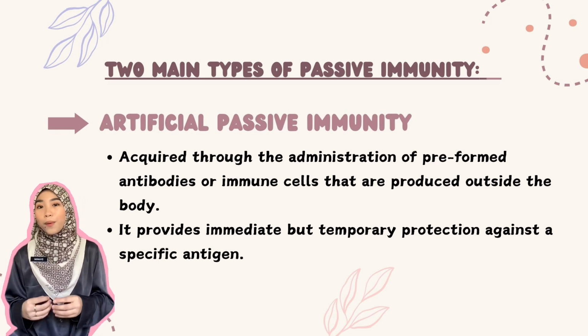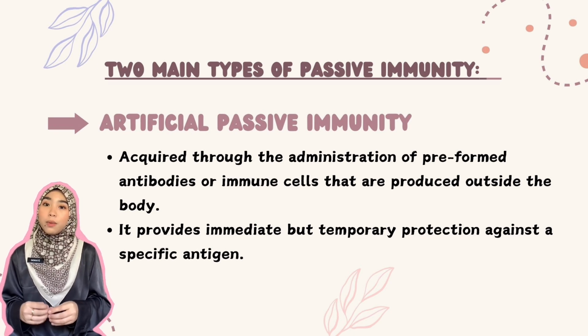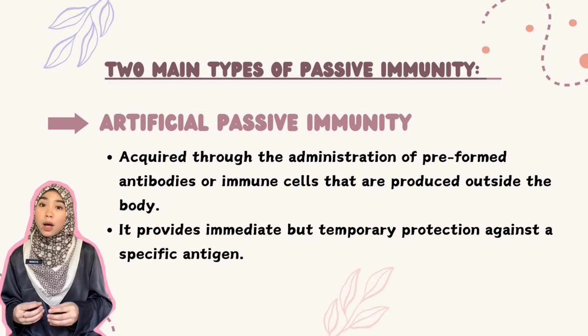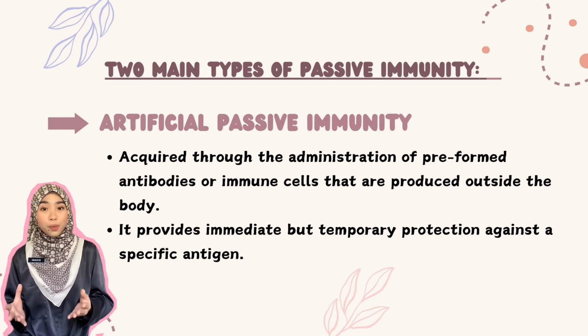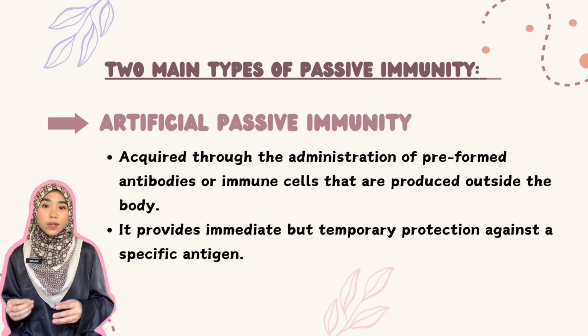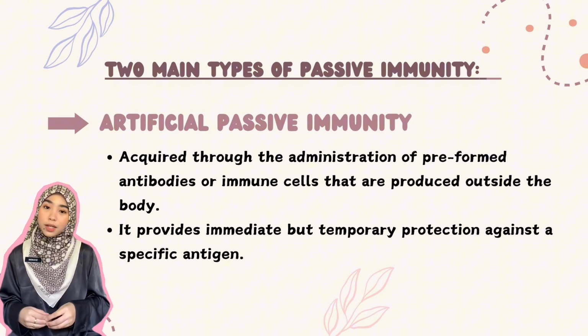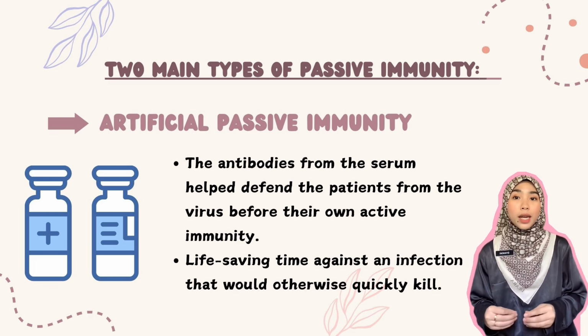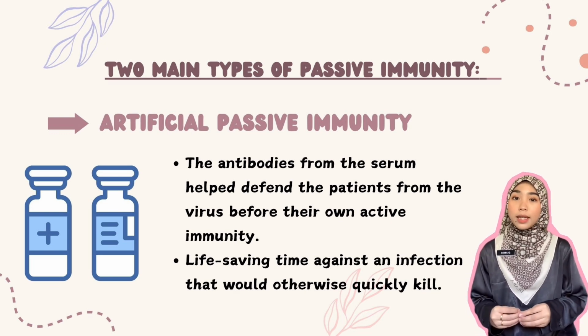You can also acquire this kind of temporary passive immunity artificially by receiving exogenous antibodies from the plasma of an immune donor. This is what recently saved some doctors and nurses who had contracted the Ebola virus from infected patients. A serum was made from the blood plasma of other medical workers who had been infected and survived.